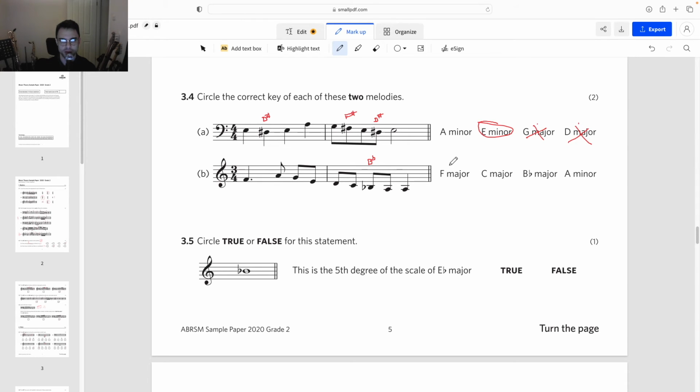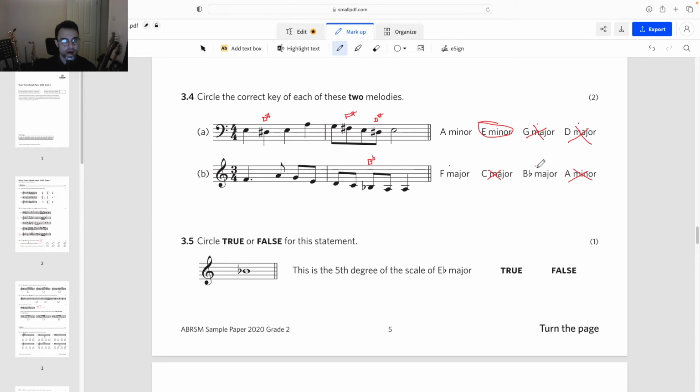Well, F major does. F major's got a B flat in it. All right. B flat major also has a B flat in it. It's in the name of the key. A minor? No, doesn't have a B flat in it. C major? Doesn't have a B flat, doesn't have any flats or any sharps in it. So it's one of these two.